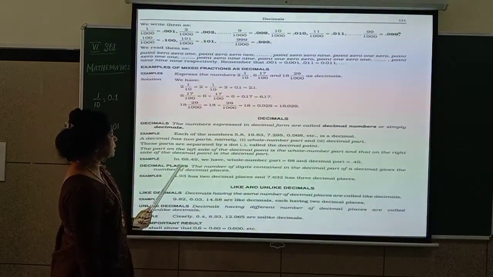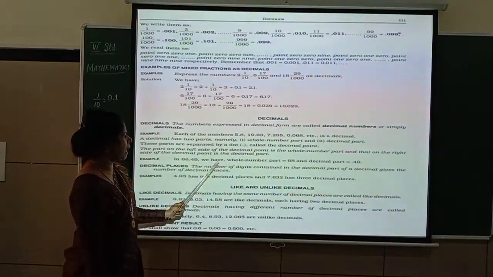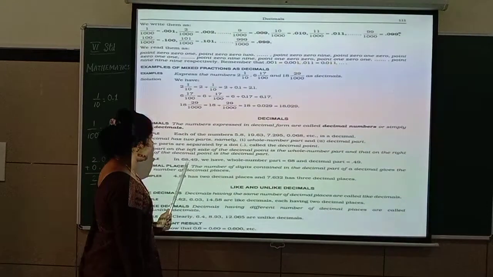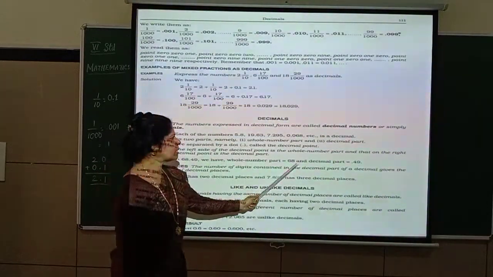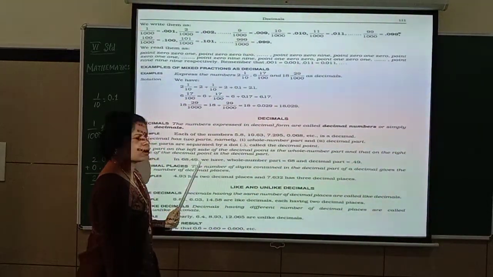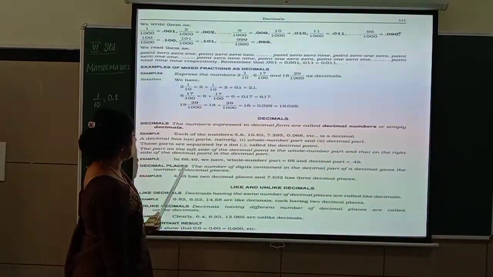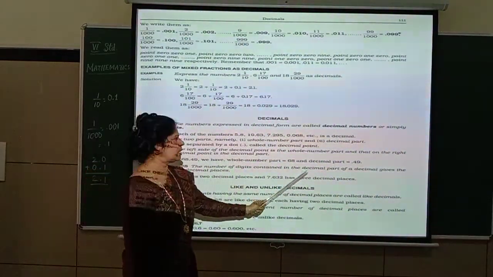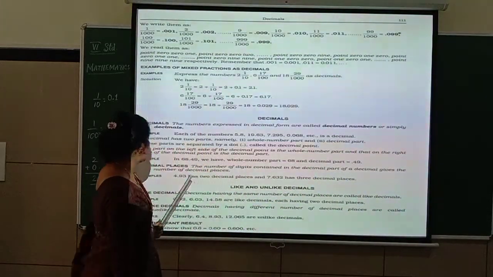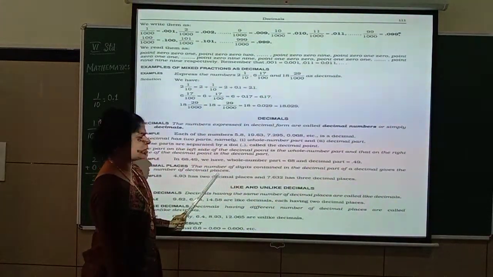So for example, in 68.49, the whole number part is 68, isn't it? And the decimal part is 0.49. Decimal places: the number of digits contained in the decimal part of a decimal gives the number of decimal places.